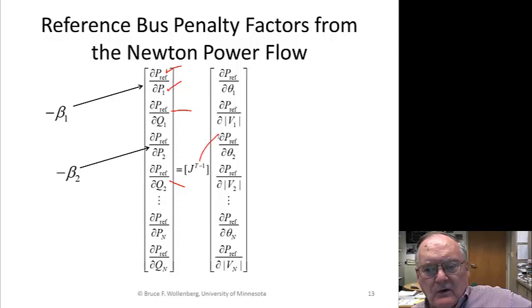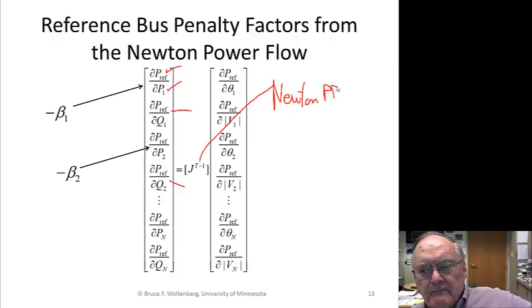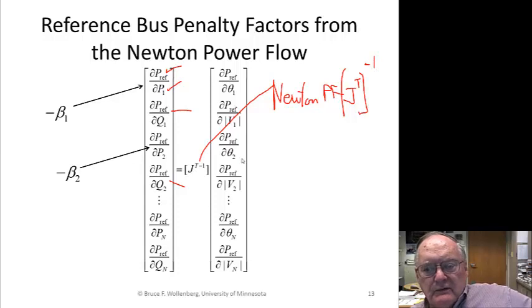This is our Newton power flow J matrix, but it's transposed, and notice that it's then inverted. We transpose and invert it.